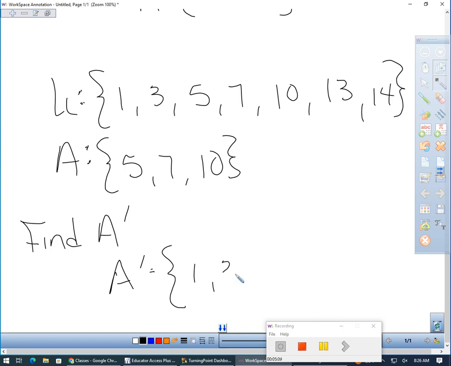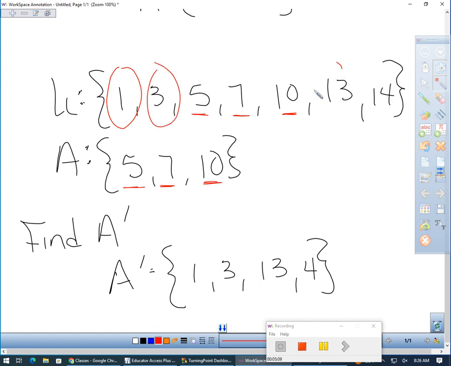Good. 1, 3, 13, and 14. When you look at this, we have, I might underline them, 5, 7, and 10. So the complement would be all the ones that aren't included. All right, so that's the problems on that very first page. Are we good so far? Awesome. I got a few more vocabulary words we need to go over.